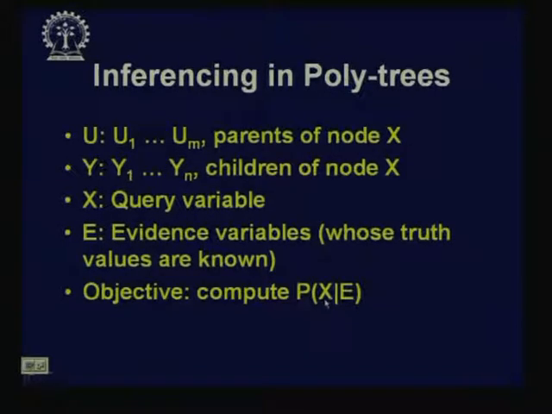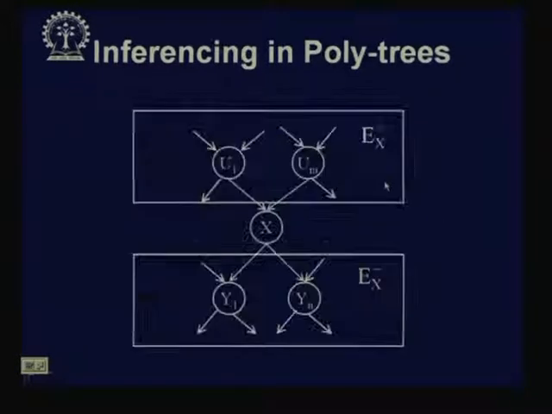Suppose there are a set of nodes which are parents of x and a set of nodes which are children of x. There can be some parts which are neither parents nor children of x. X is the query variable whose conditional probability I want to know.